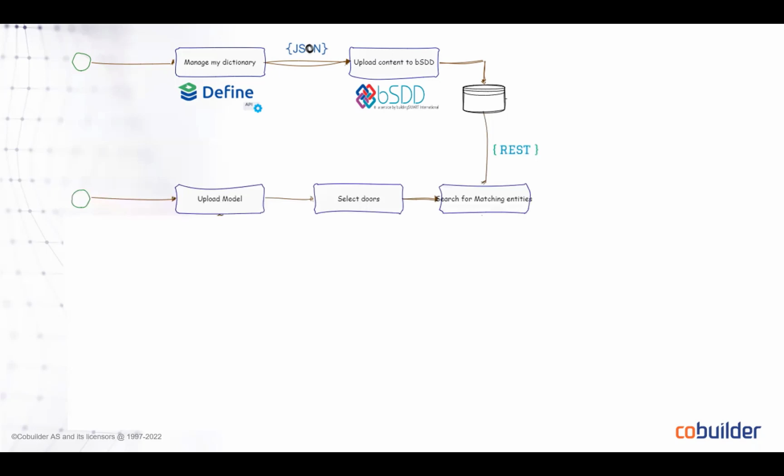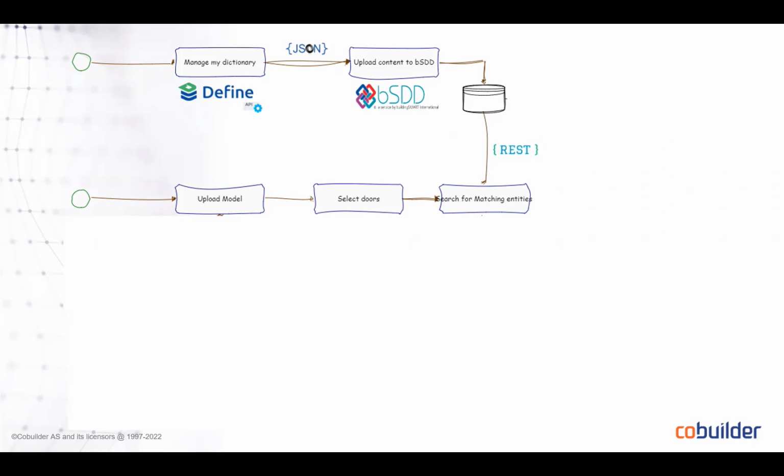Then second step, I'm in my authoring tool or whatever, in a CDE or in a BIM tool, I will upload my model, select my doors, and I will search into bSDD the matching entities. Back to the question we had about where can I use those properties, which region. In bSDD, you have a specific attribute which is called country of use.